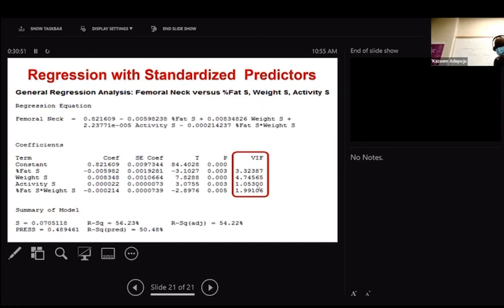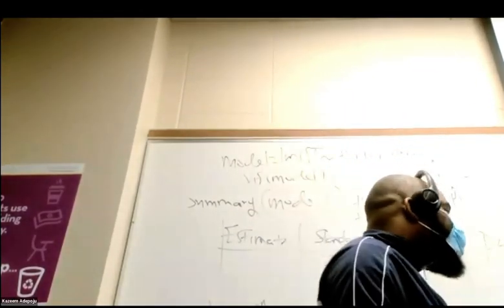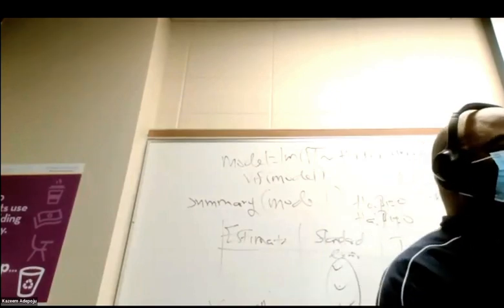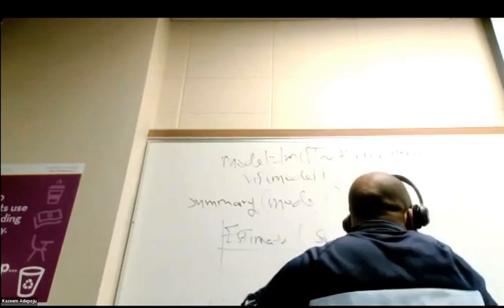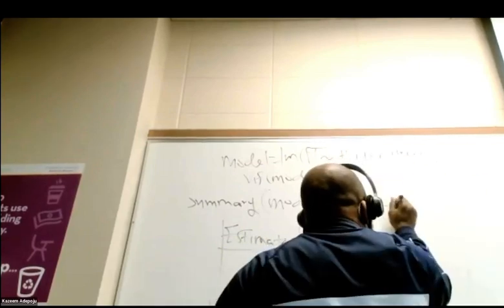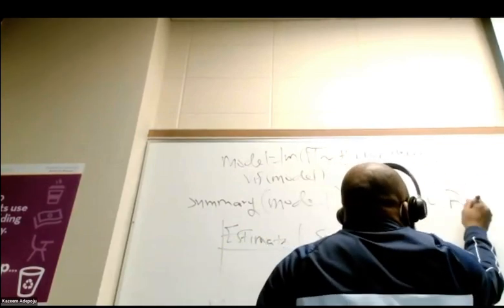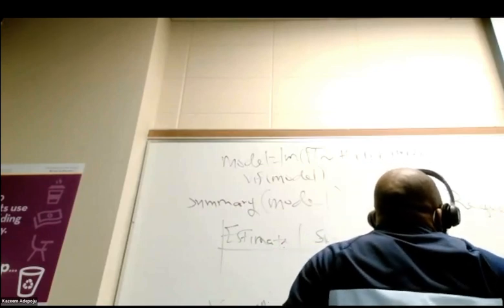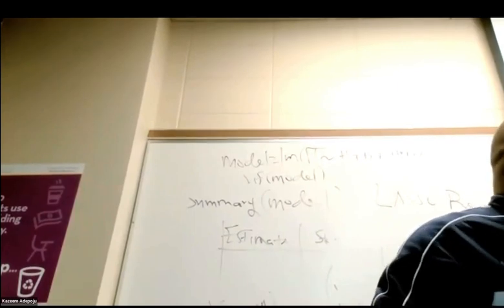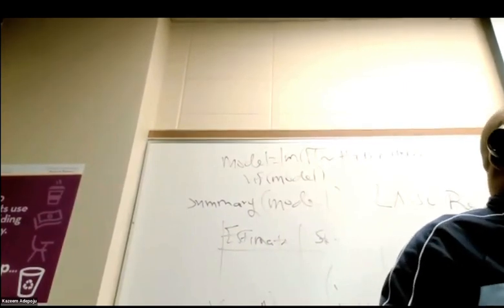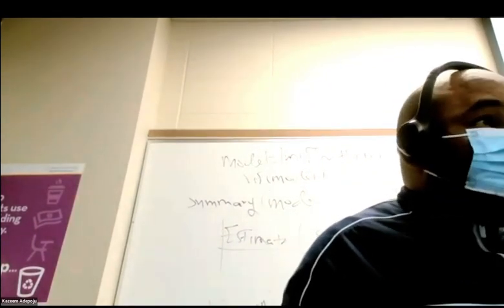Now, let me tell you another approach used by data scientists. They fit what they call lasso regression. You know what lasso is going to do? If I have so many predictor variables that correlate, the lasso regression will eliminate those variables that may be problematic.